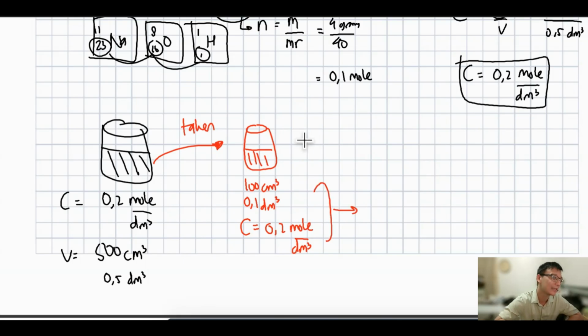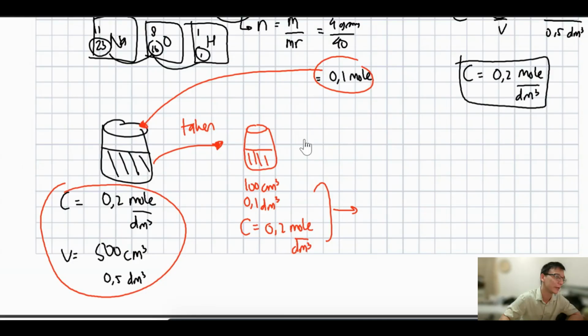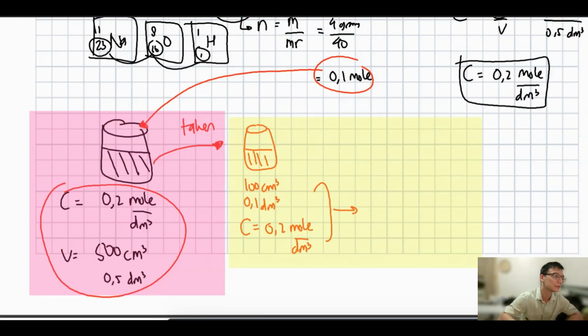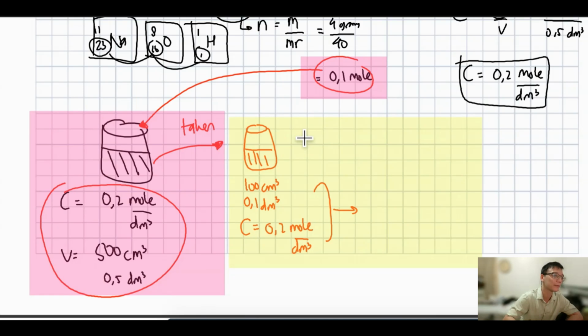That is why if we calculate, the mole would be different. From the question that we calculated, the mole is 0.1 here, from 4 gram. In the big part the mole is 0.1. In the small part, the mole would be concentration multiplied by volume.